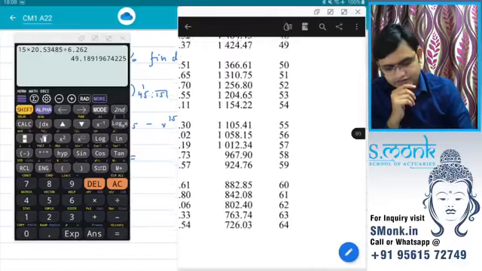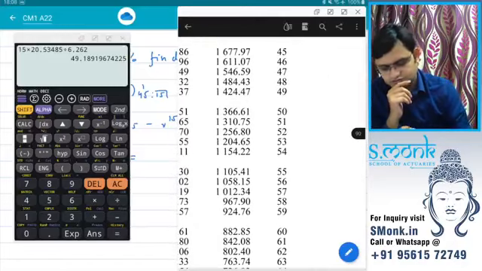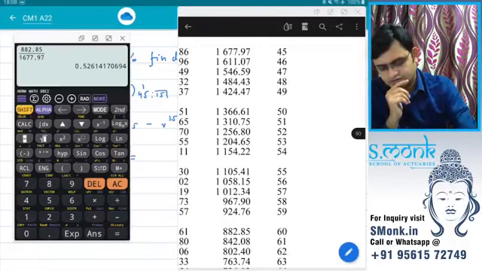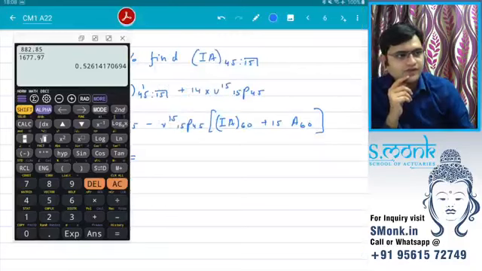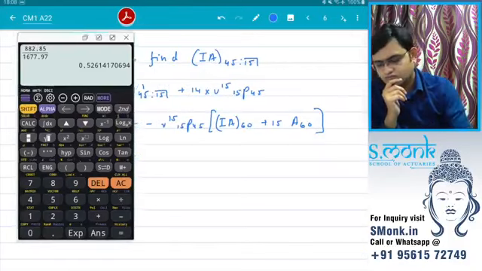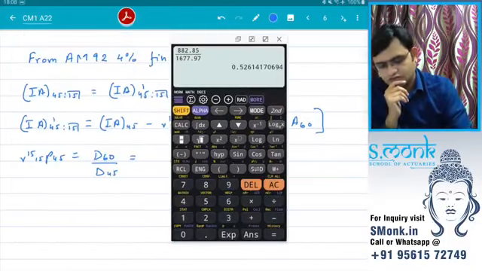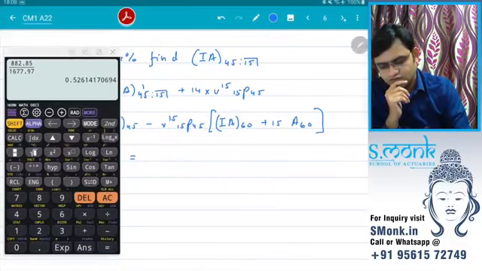Capital D45 and 60. So we will have 882.85 by 1677.97. So this will be 0.526117.